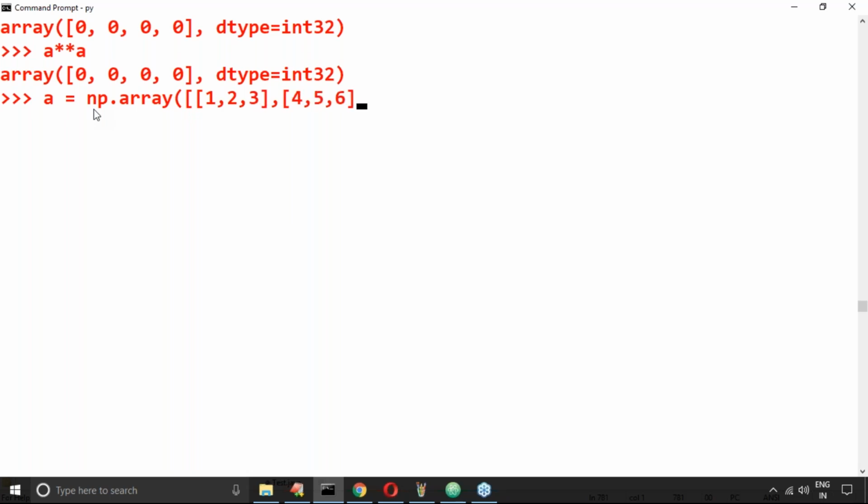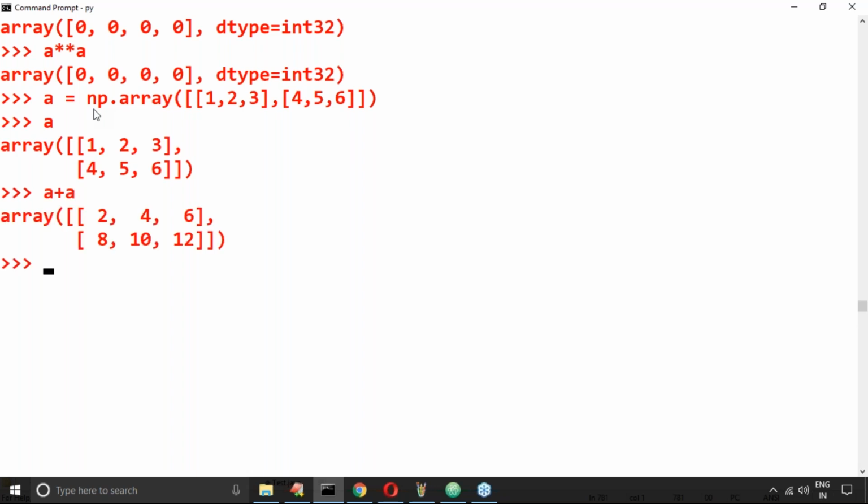I'm taking a nested list and creating an array with it. So a plus a: have you observed, 1 plus 1, 2 plus 2, 3 plus 3, 4 plus 4. A minus a gives all zeros.